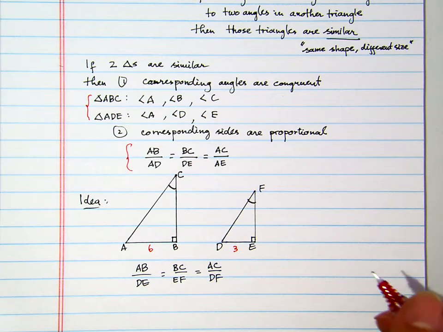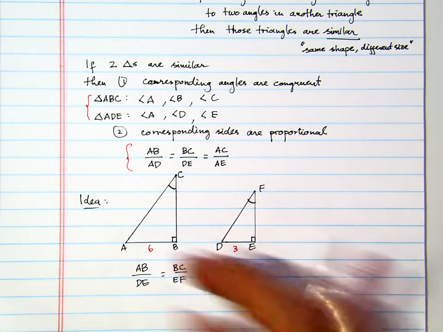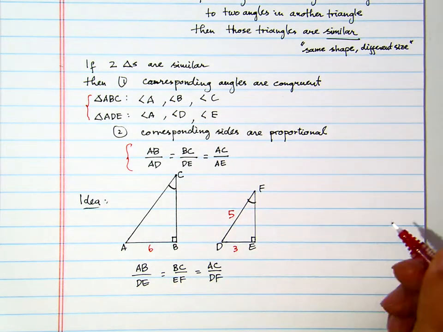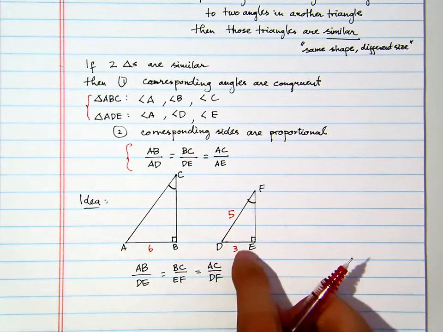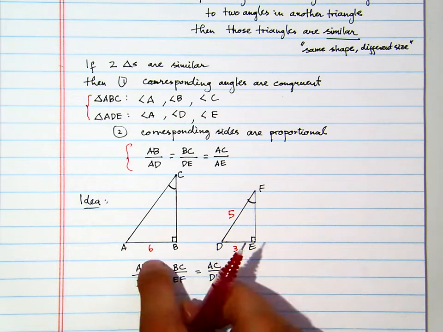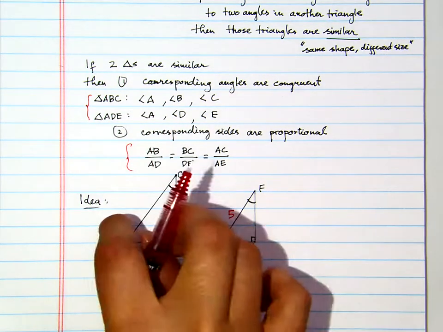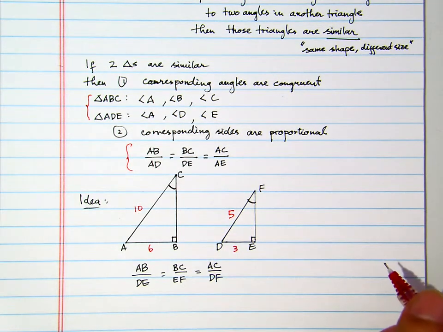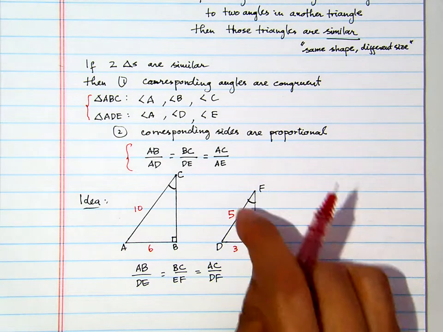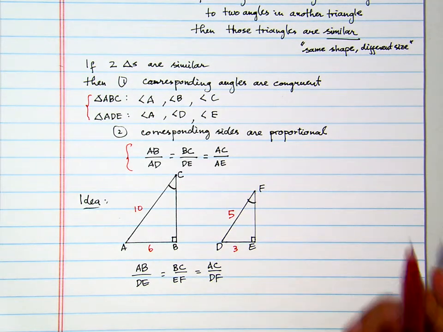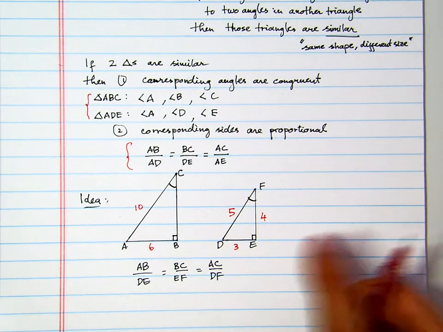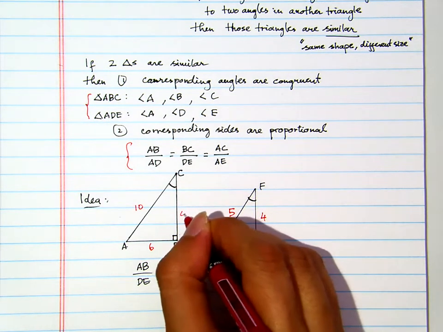Once we know these are similar triangles, if this were 5, what do you think this is? This to this you multiply by 2, so here to there I multiply by 2 also. This will be 10, right? And I hope you remember the Pythagorean triple. If you have hypotenuse 5 and one leg is 3, then the other one must be 4, and this will then be 8.